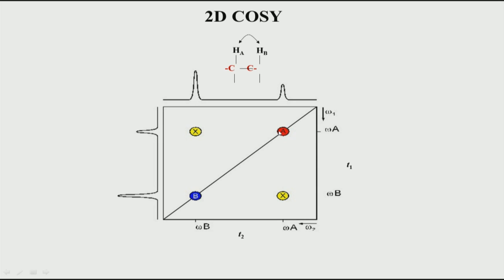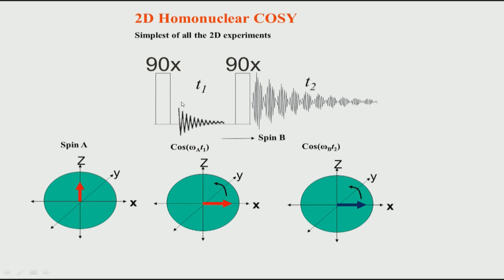Remember, in 2D NMR the coupling will appear in both axes. Why? Because if you go back to this picture, this is like a 1D and this is also like a 1D. Therefore, if there is splitting because of J coupling here, the J coupling splitting comes here also. Of course, this is the standard 1D spectrum, but this is also like a 1D.